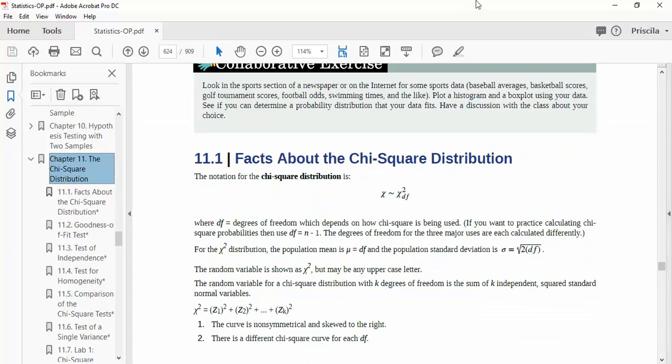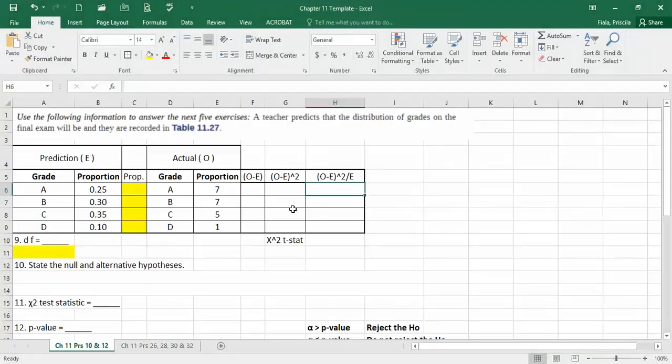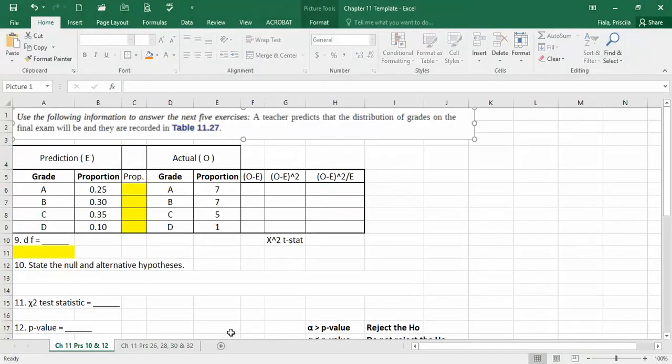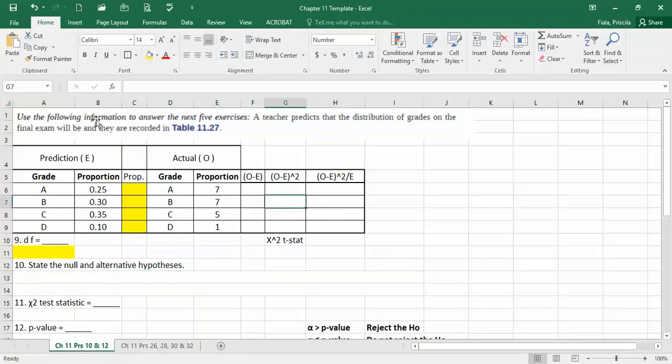So let's go to the problem. I spent quite a bit of time trying to summarize the chapter. Let's go back here, and I put problems 10 and 12. You need to answer 10 and 12, but I have put everything because I have to go over the basics of the chi-square. The problem says to use the following information to answer the next 5 exercises.